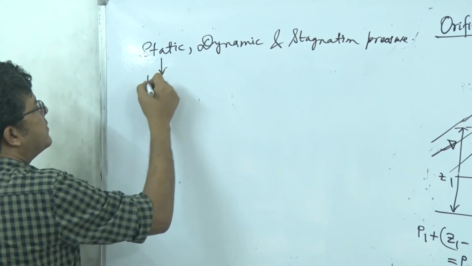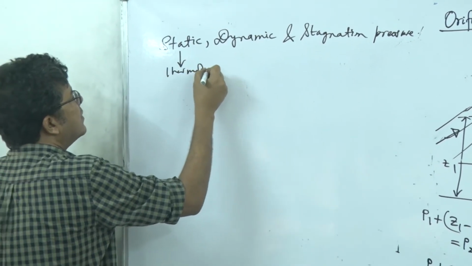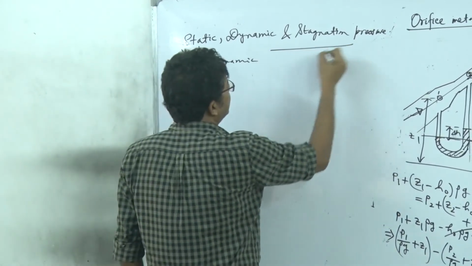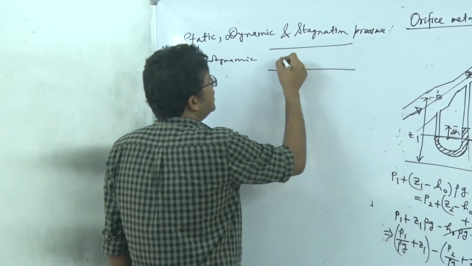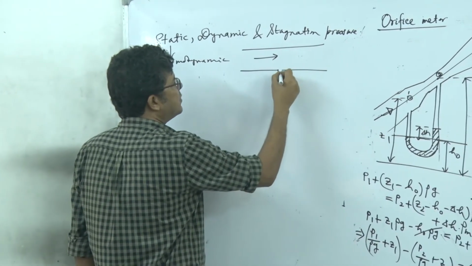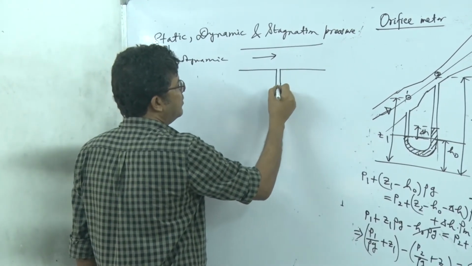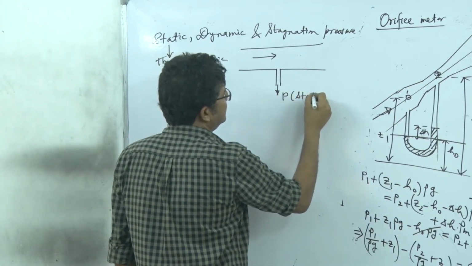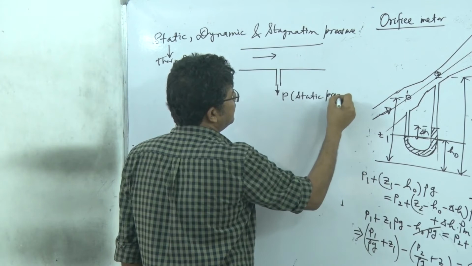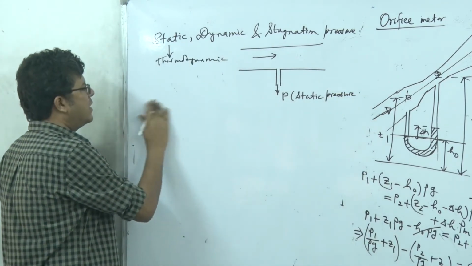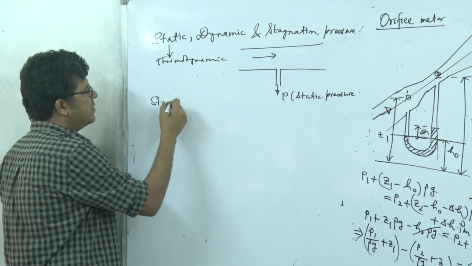The static pressure is the same as the thermodynamic pressure that we use for thermodynamic calculations. How to measure it? If the liquid is flowing through a pipe and you insert a pressure probe perpendicular to the pipe, this will give you P, which is the static pressure.